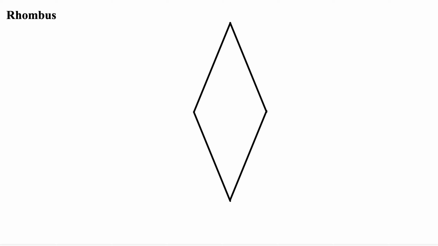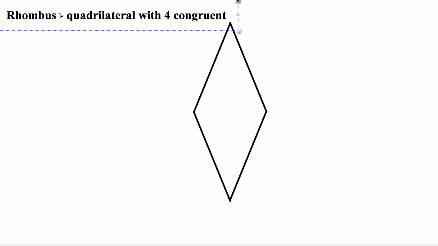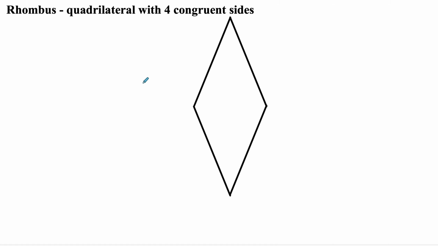Then a rhombus. Now, as we get more specialized, it turns out we have fewer special features. So it's a quadrilateral with 4 congruent sides. Now, because of that, it also ends up being a parallelogram, which means it gets all the properties of a parallelogram.